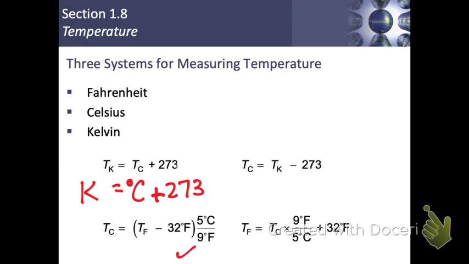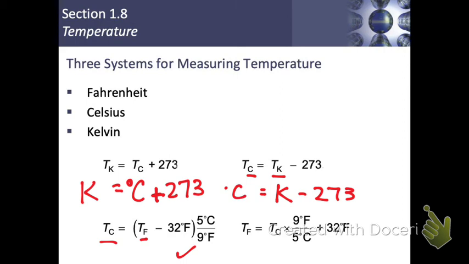If I want to convert from Fahrenheit to Celsius, I have to do that equation, which, why would I want to do that? So we don't even measure our temperatures in Fahrenheit because I don't want to do the conversion, but that's what it is in case you would need it. If I need to go back from Kelvin to Celsius, I would take Kelvin minus 273, and that would give me my temperature in degrees Celsius.